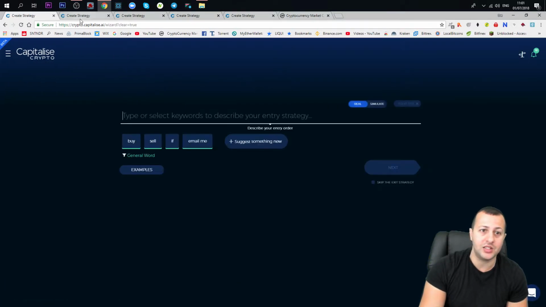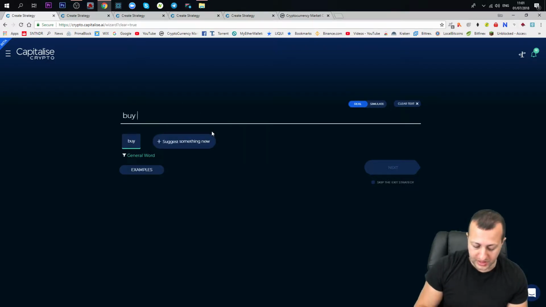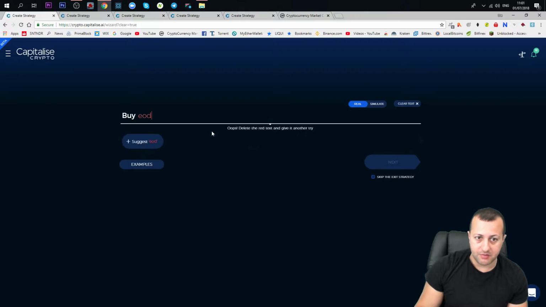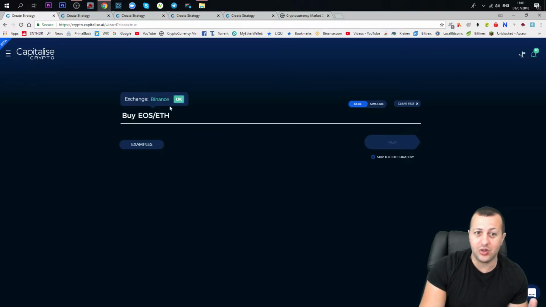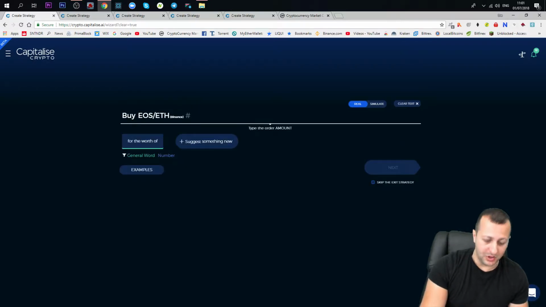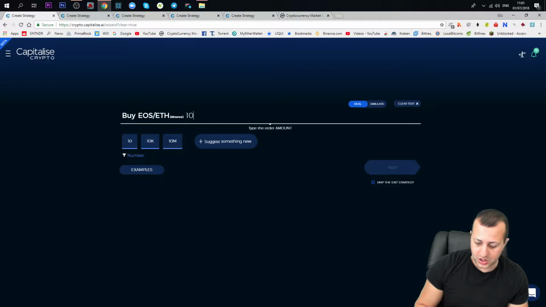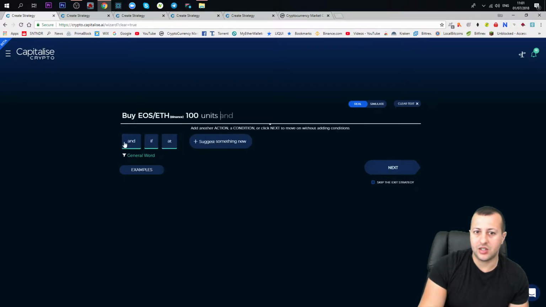Let's create one together. For example, I want to buy EOS with Ethereum, which I usually do. It's telling me it's gonna buy it on Binance. I'm gonna buy 100 units, and as you can see, it predicts the worst case below.